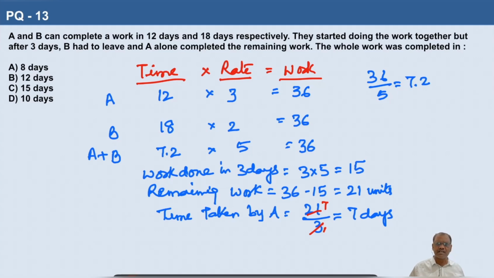So the whole work is completed in how many days? So initially 3 days. Now A is taking 7 days. 3 plus 7 is 10. The whole work is completed in 10 days. So option D is the right answer.